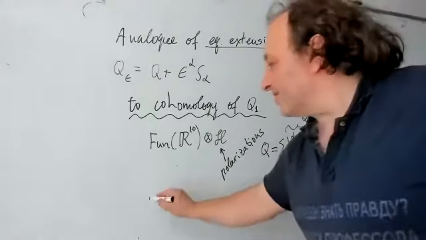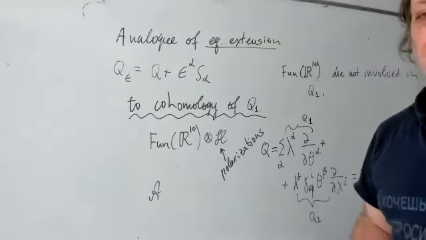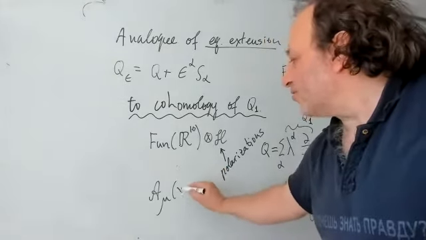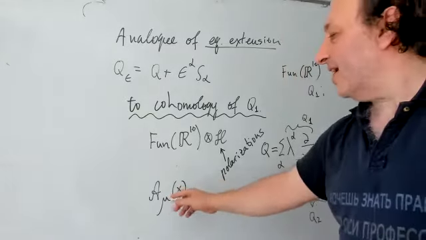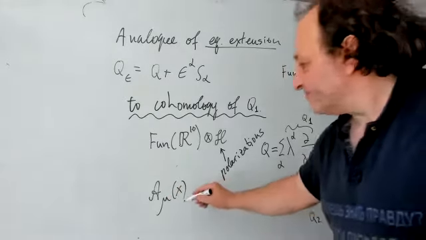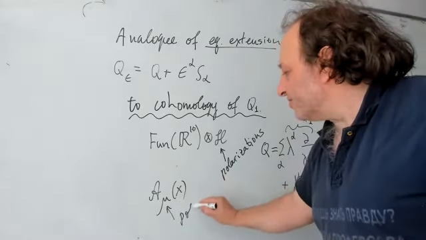It comes from electromagnetic theory. When we write the connection as A mu of X, mu is called polarization.